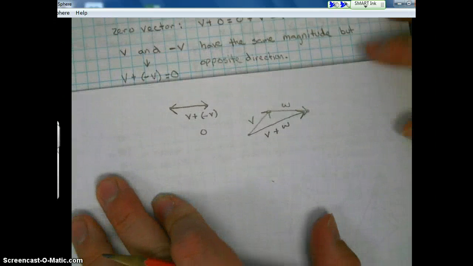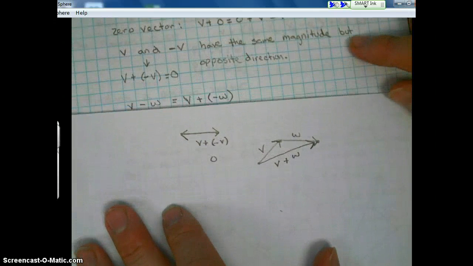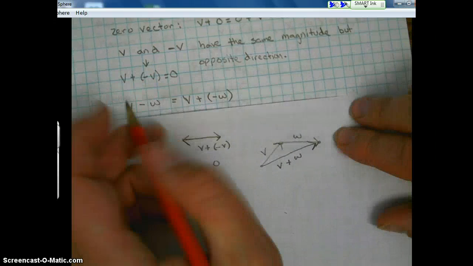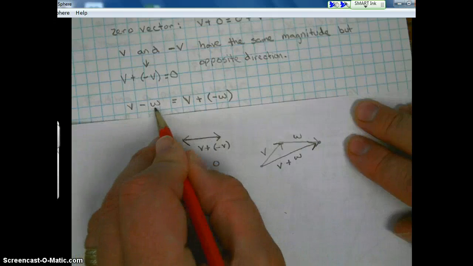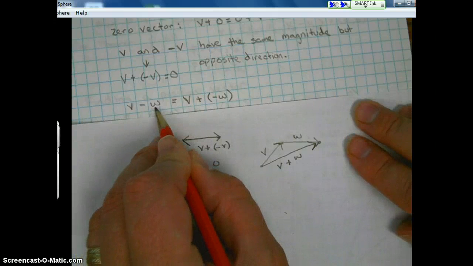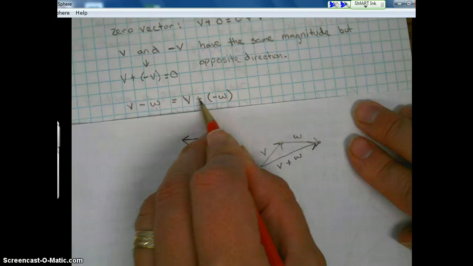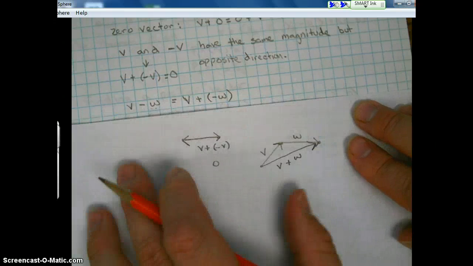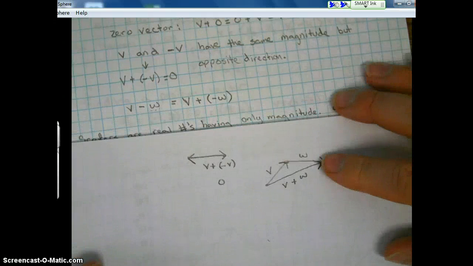Now, here we have vector v minus vector w. We would rewrite that as vector v plus the opposite of vector w.